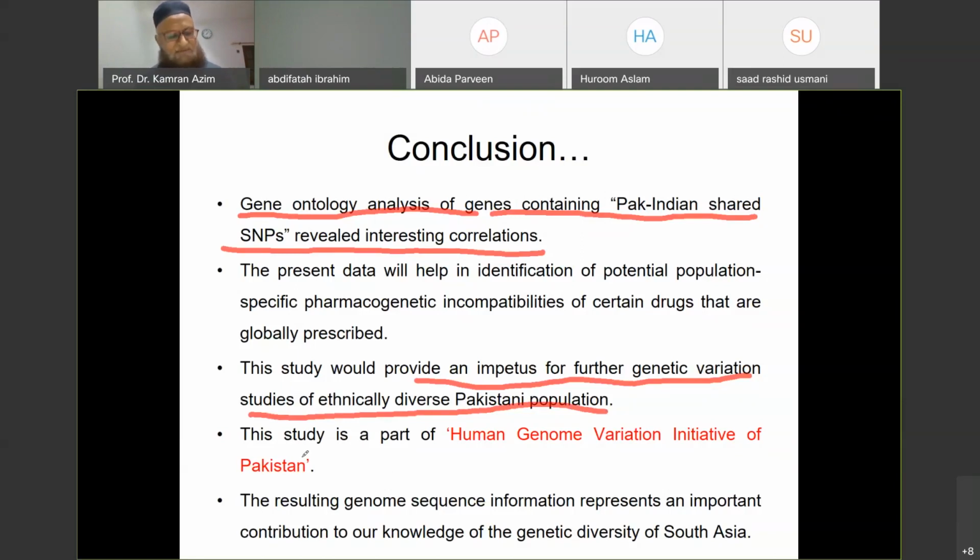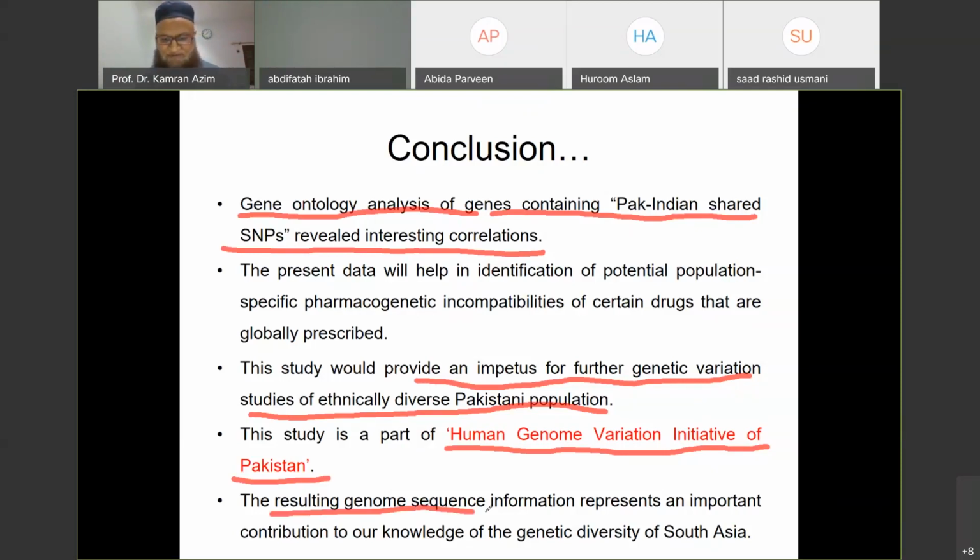So this study is a part of the so-called Human Genome Variation Initiative of Pakistan, in which we want to carry out genome sequence analysis of individuals from other parts of the country.